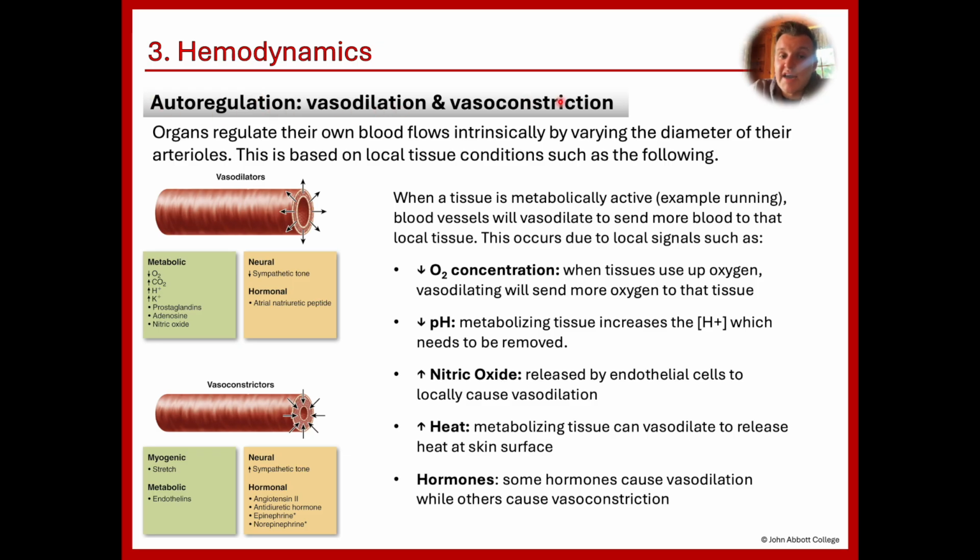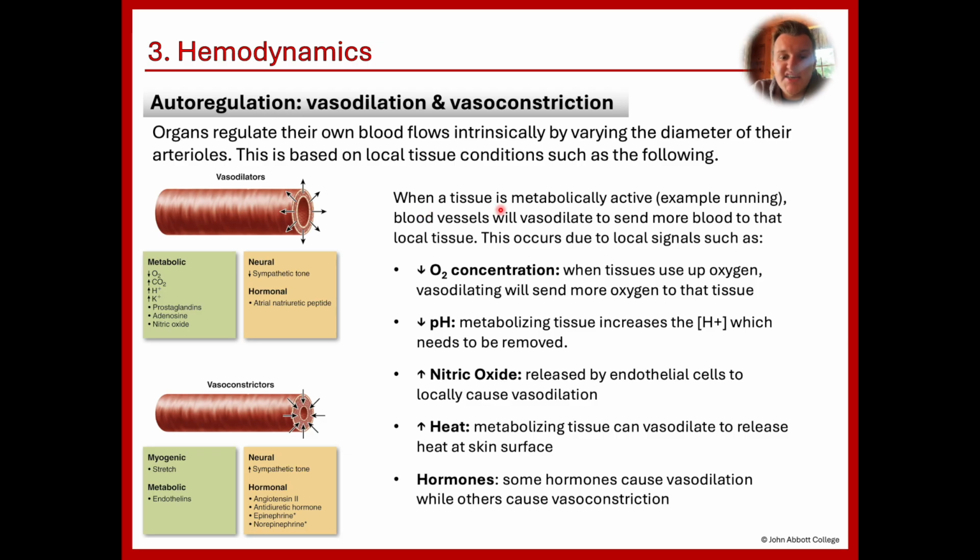They can vasodilate or vasoconstrict. Organs regulate their own blood flow intrinsically, meaning like themselves, by varying the diameter of the arterioles, okay? So this is based on the local tissue conditions. And we're going to take a look at different options as to why they might vasoconstrict or vasodilate, okay?